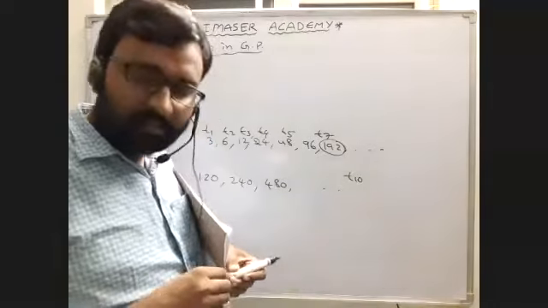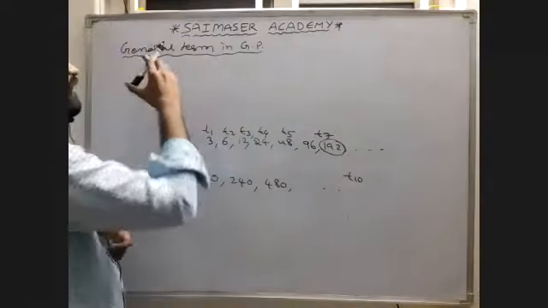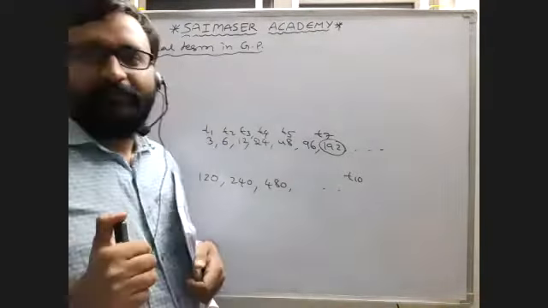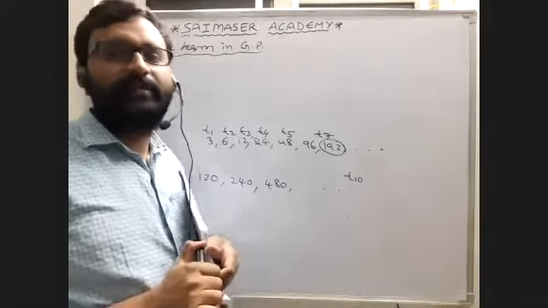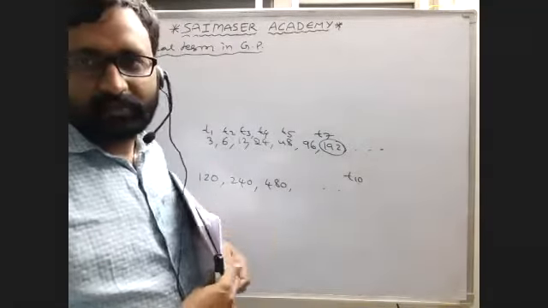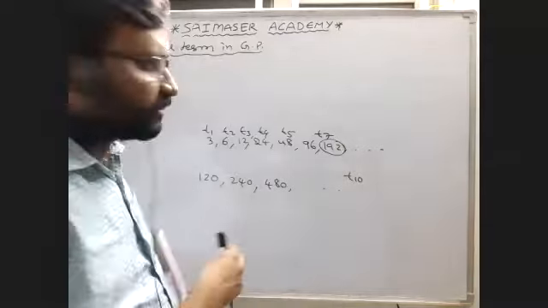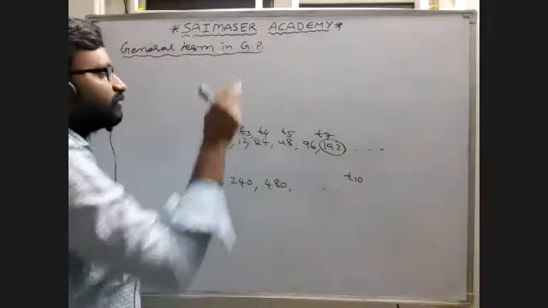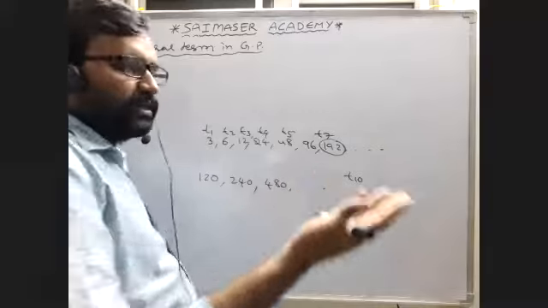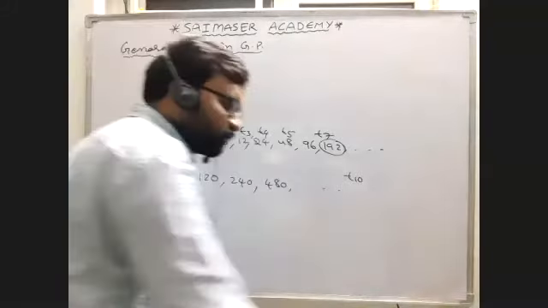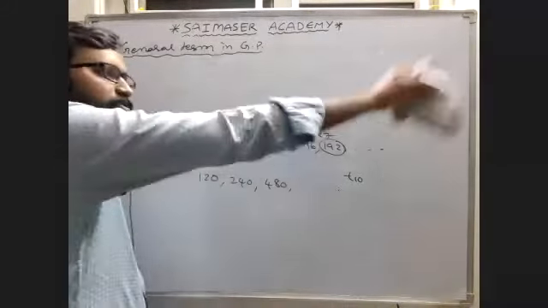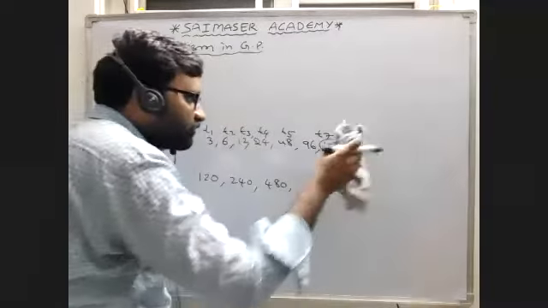For that, there is a very easy way to solve. Whichever term it is, 7th, 8th, 10th, we can find by using the general term formula. General term means 7th term, 8th term, 10th term, 15th term, or the last term also. We can find the last term of this series also.